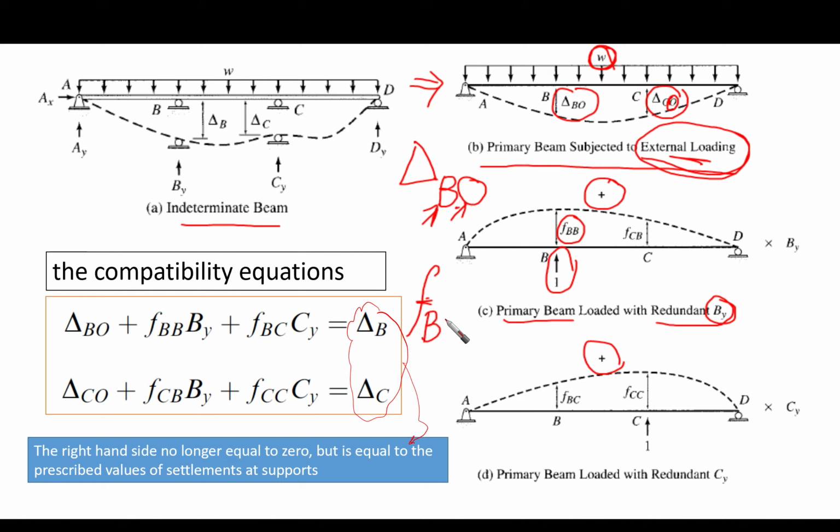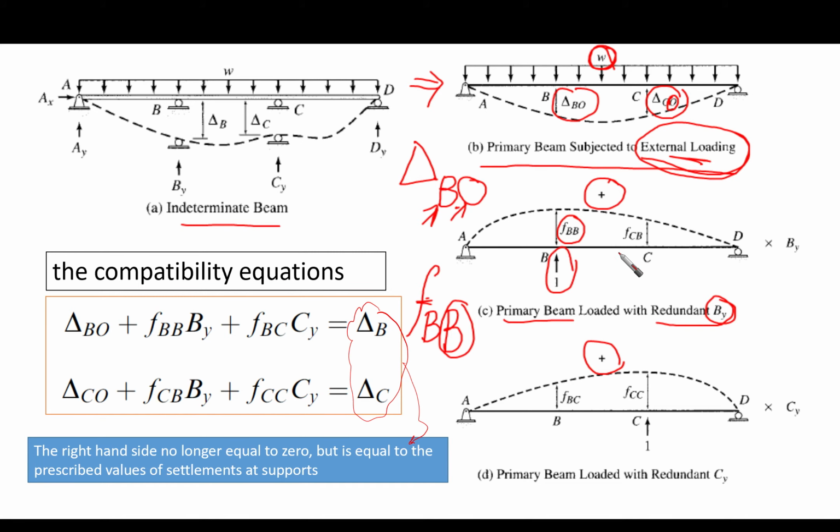The first subscript B means the displacement at point B, and the second subscript means it is due to load at point B. So we have 1 unit load applied, and the flexibility coefficient FBB is going to be in the same direction as the applied unit load.